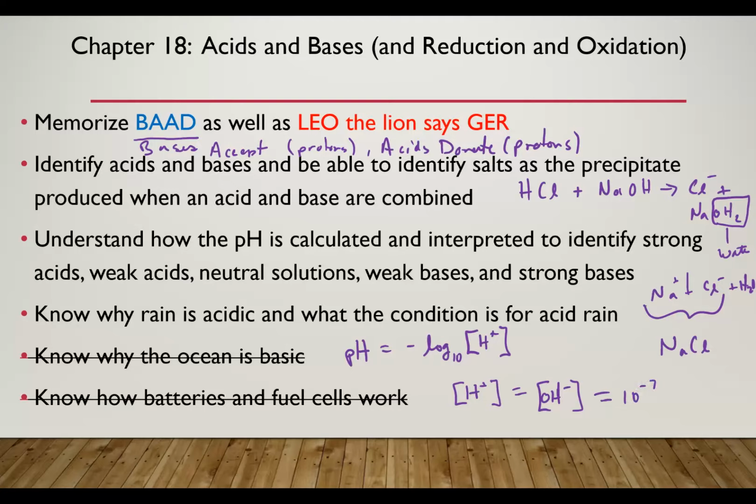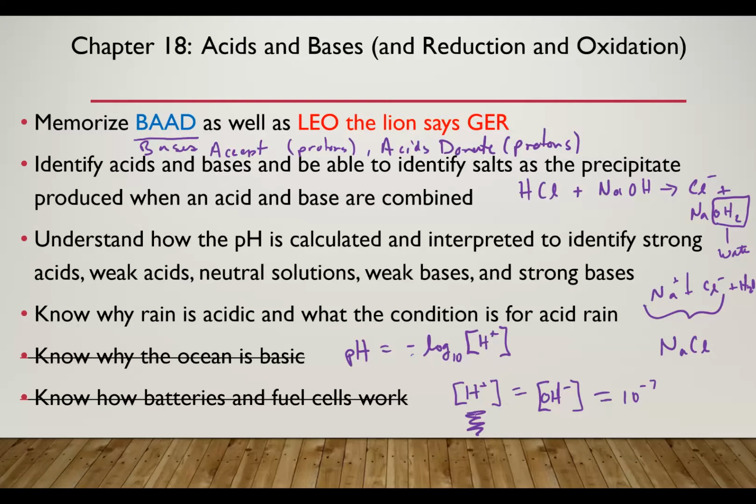So water is going to have, we focus on this one, 10 to the minus 7, log base 10, 10 to the minus 7 is minus 7, because log base 10 means what exponent would I have to raise 10 to get that value? Well, clearly, to get 10 to the minus 7, I have to raise 10 to the minus 7. So minus a minus 7, and it's 7 for the pH of water.